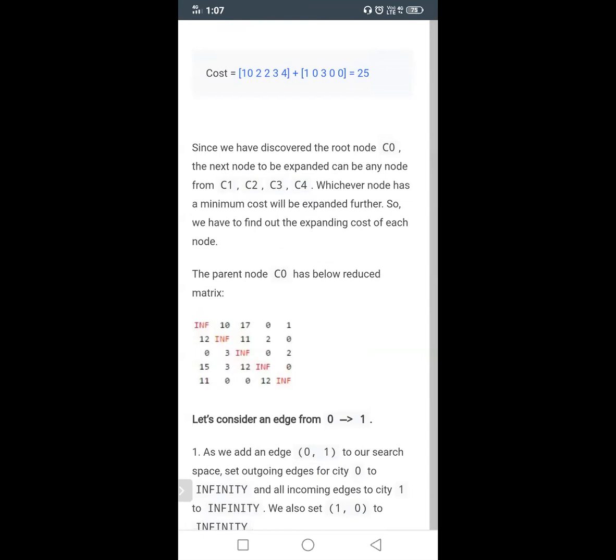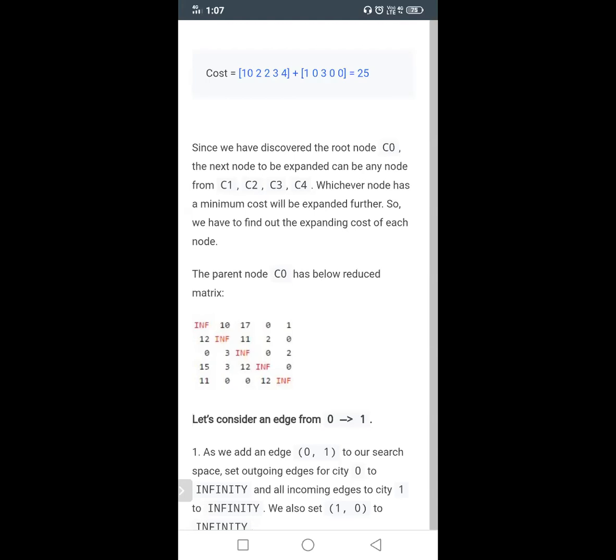Once you find the parent node, one node acts as a root node. Then we have to find the adjacent nodes. Which node will act as our E node?